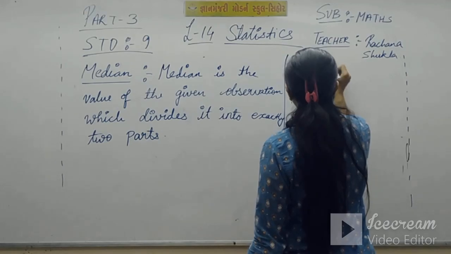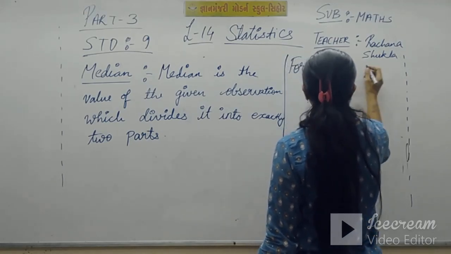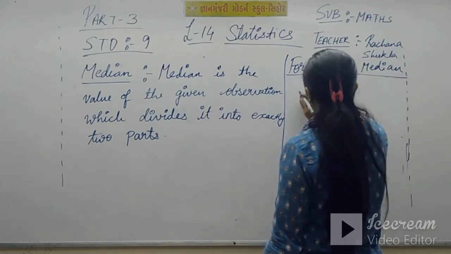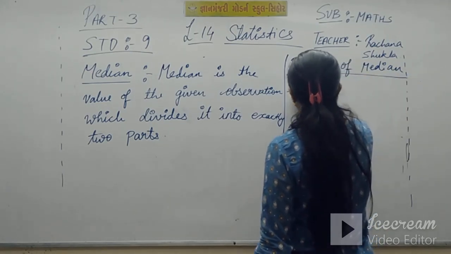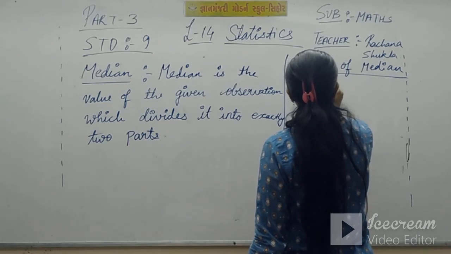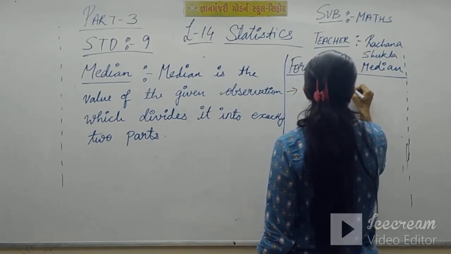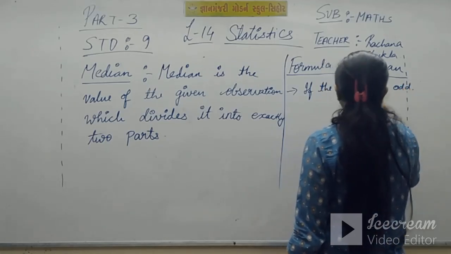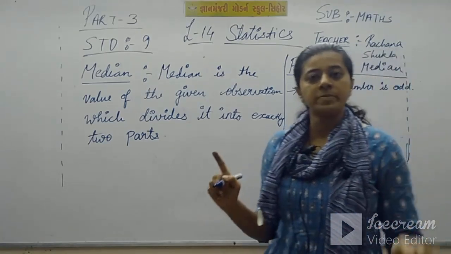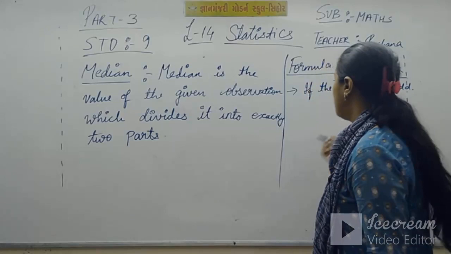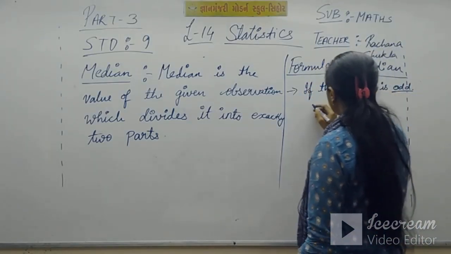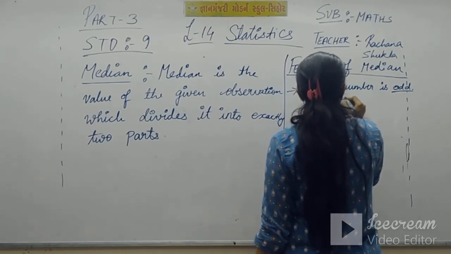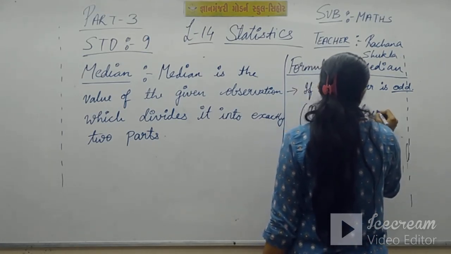This formula you will also write in your notebook. Formula of median: if the number is odd, that means the total number of your observation is an odd number, then you will use the formula n plus 1 upon 2 observation.